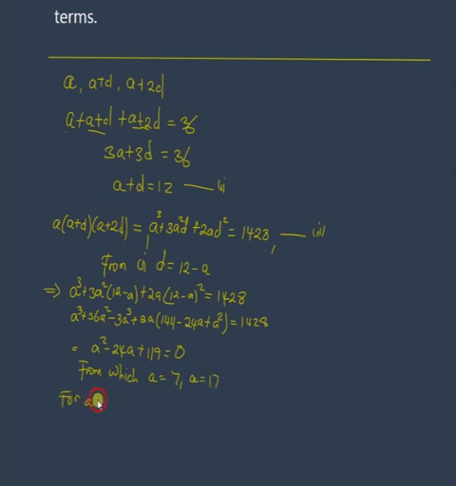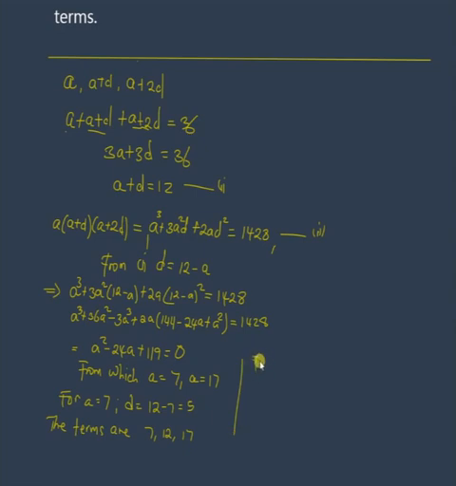For A equal to 7, from equation 1, D is equal to 12 minus 7, which is equal to 5, and the terms are: the first term 7, followed by A plus D, which is 12, then followed by A plus 2D, which is 17.